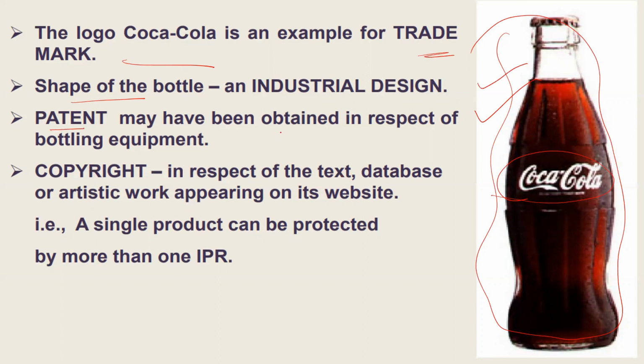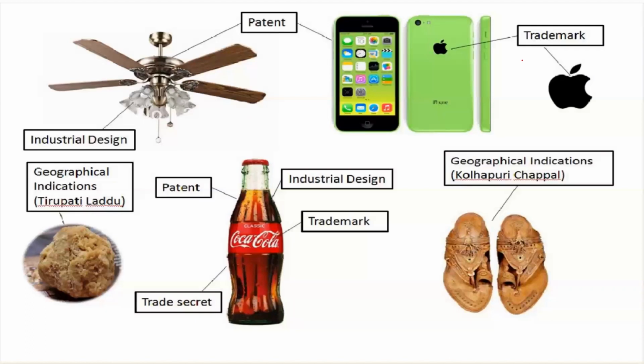A patent may have been obtained in respect of bottling equipment also. And copyright is in respect of text, database or artistic work appearing on the website. That's why a single product, like Coca-Cola, can be protected by more than one IPR. These are the examples.